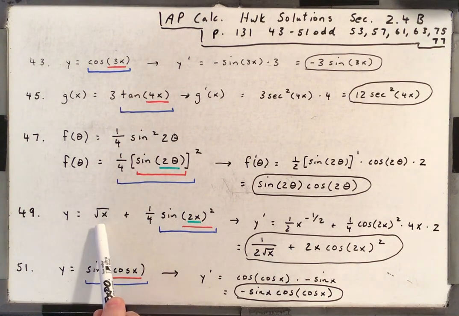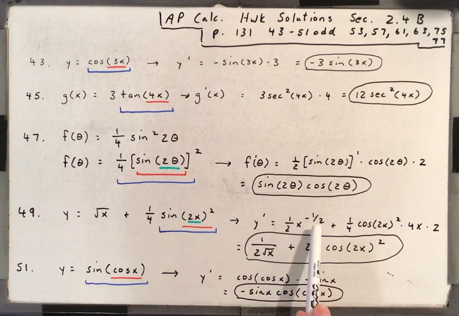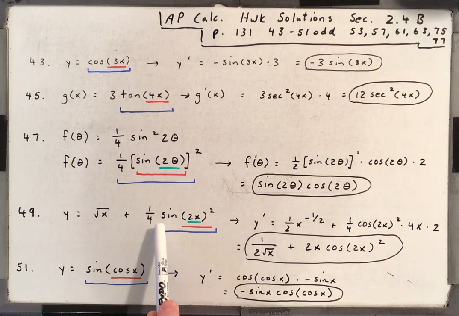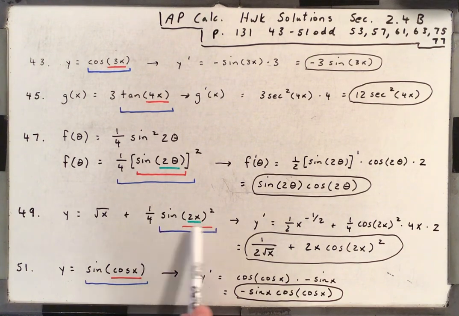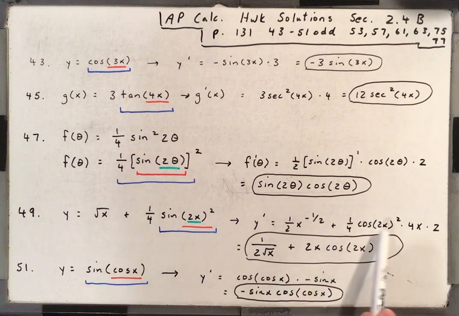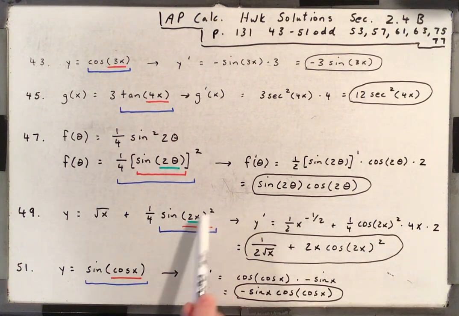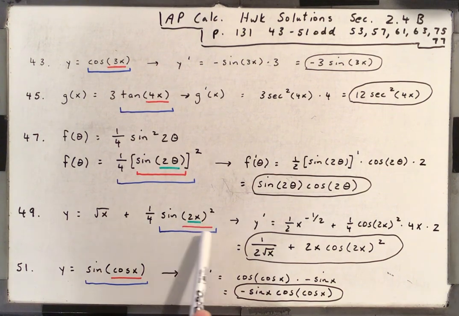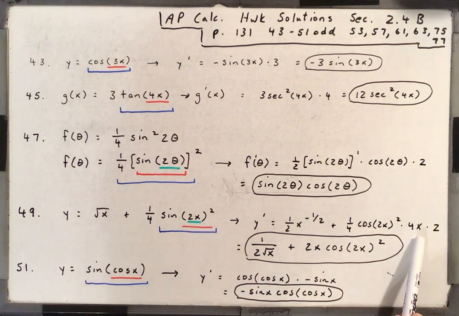So the derivative of root x is 1/2 x to the minus 1/2. And then you would have cosine 2x squared is our derivative of the blue, 1/4 in front. And then 2 times 2x, and then to the first power, that 2x squared, that red function, the derivative of 2x squared is 4x.